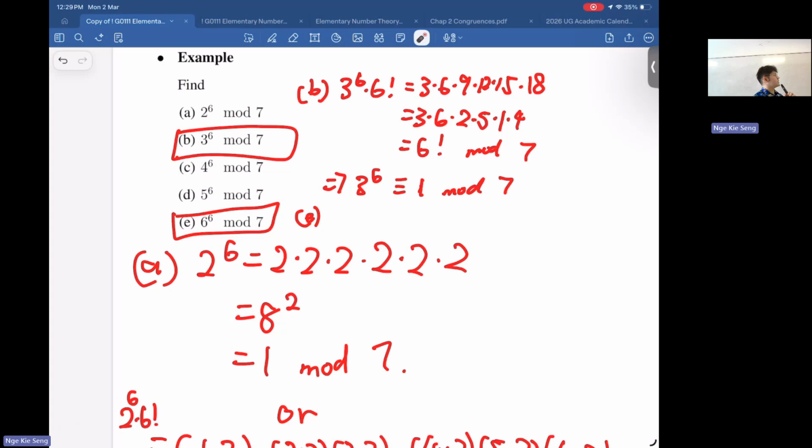P minus 1 is 7 minus 1, which is 6, and 7 doesn't divide 2.